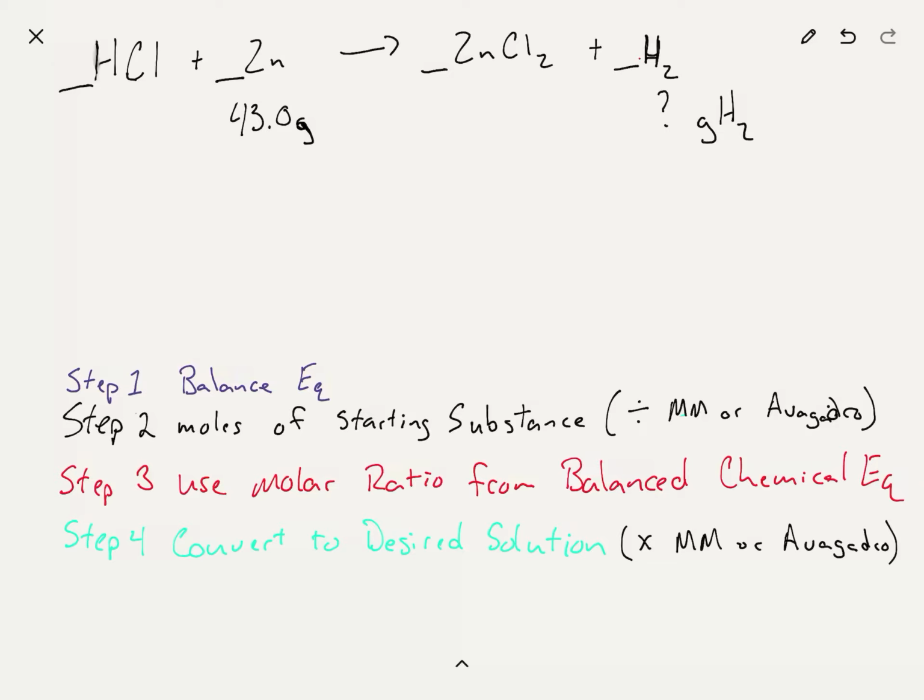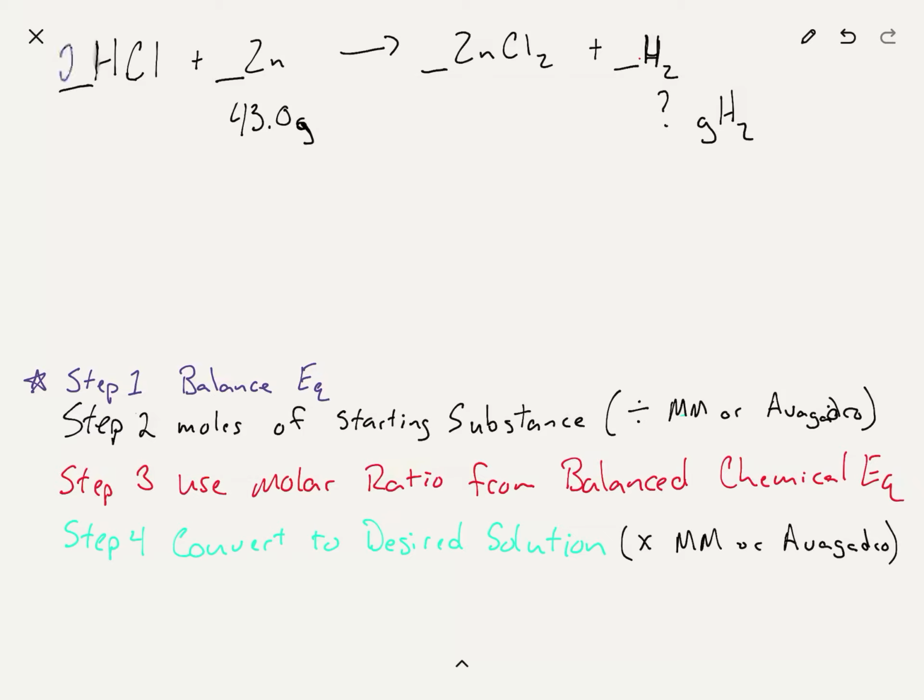So I gave you an easy equation here to balance to begin with. It's HCl, hydrochloric acid, plus zinc, which gives us zinc chloride and hydrogen gas, H2. First thing we have to do, as we can see from down here, step one is balance our equations. We have one hydrogen on the left hand side and two on the right hand side.